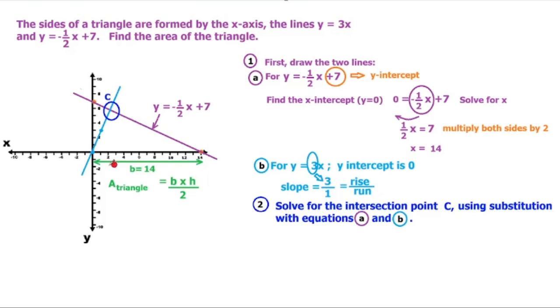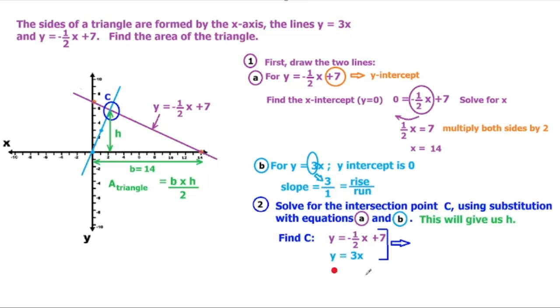So we could see our triangle here, and the base is equal to 14. Okay, so we have one of the variables. We have to figure out what the height is. Okay, the height is from here to here. So if we figure out this point of intersection, we'll be able to find the height. Okay, this will give us h.